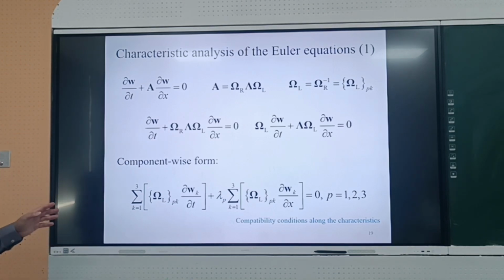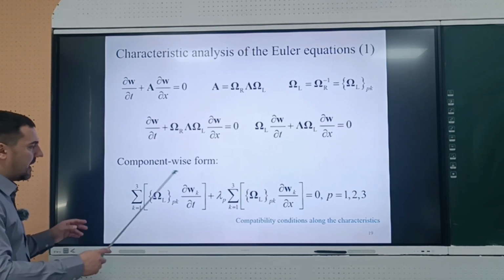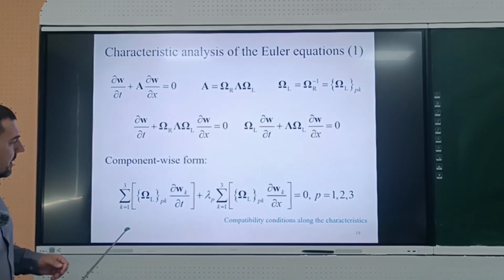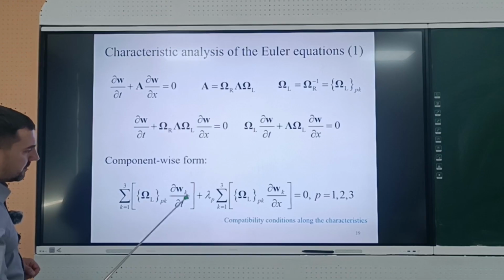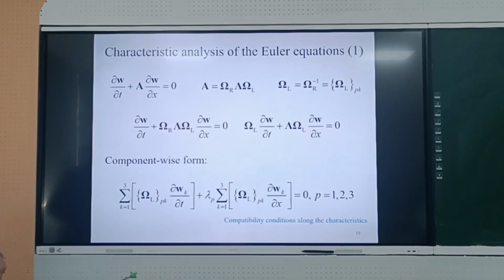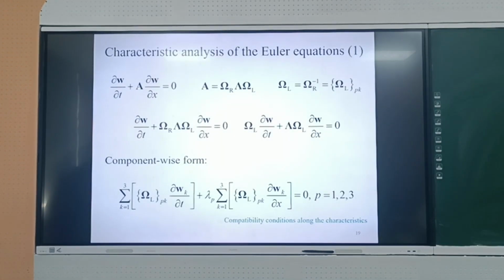Okay, let's have a break here and continue with the analysis of these compatibility conditions along the characteristics. So, we obtained these compatibility conditions along the characteristics as a result of characteristic analysis of the Euler equations. What's next?